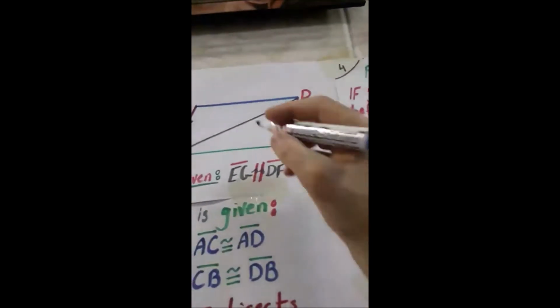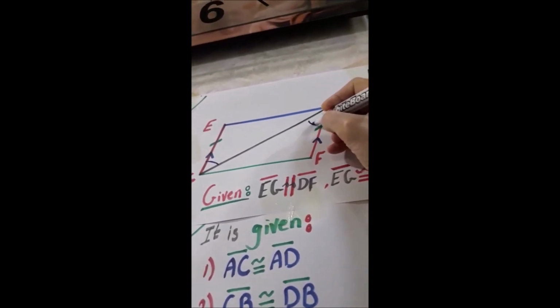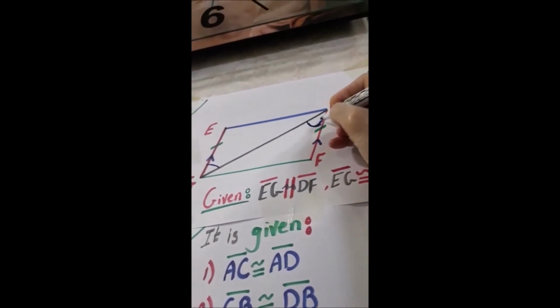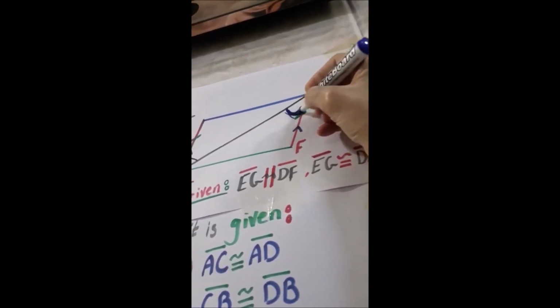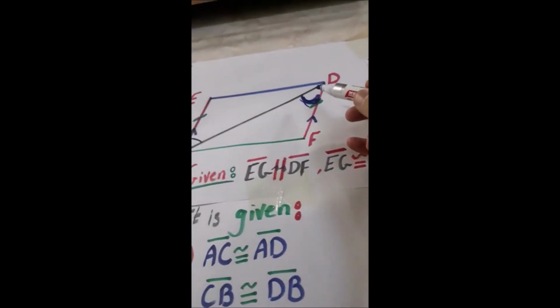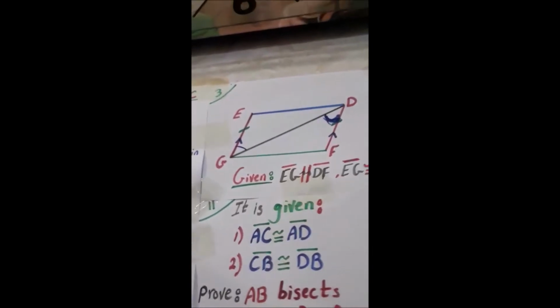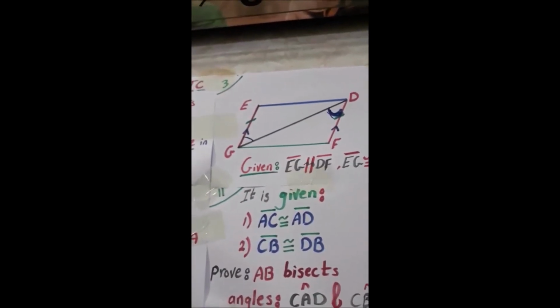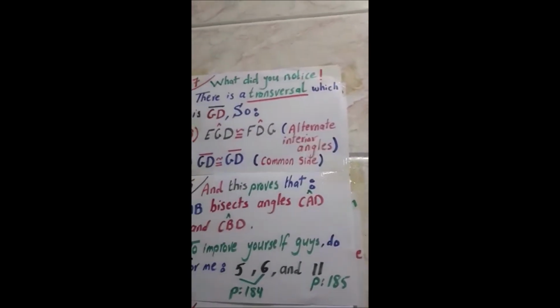Let me draw it again. FDG, yes. So this angle is congruent to this angle, and I think you will figure out the reason: because they are alternate interior angles.